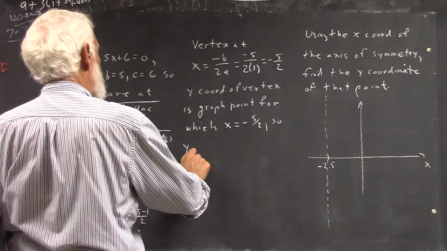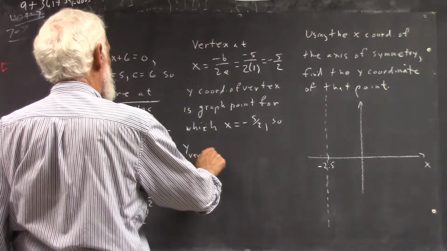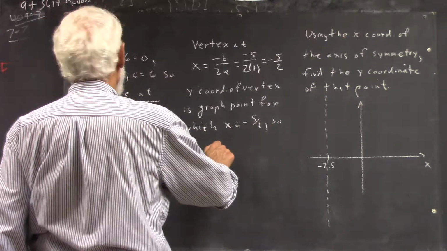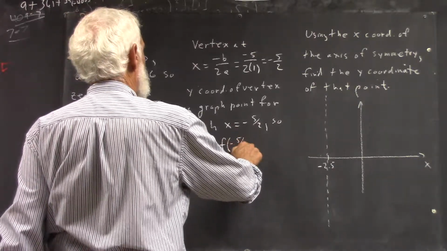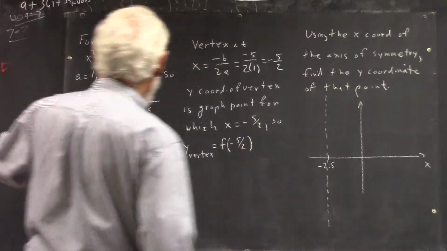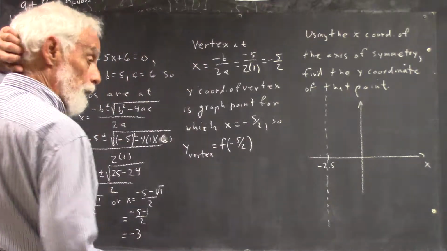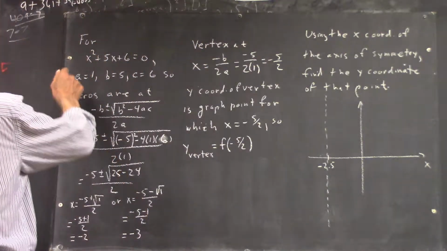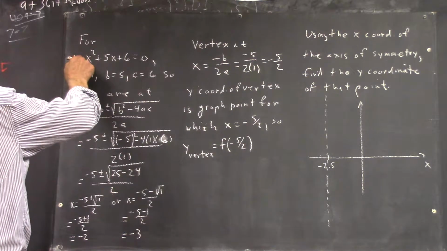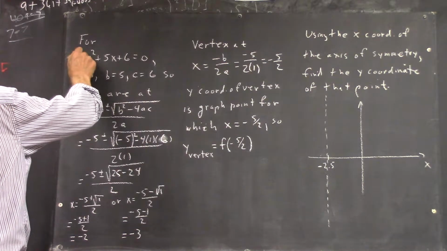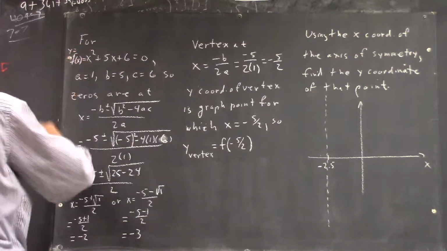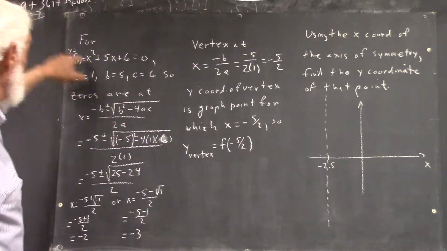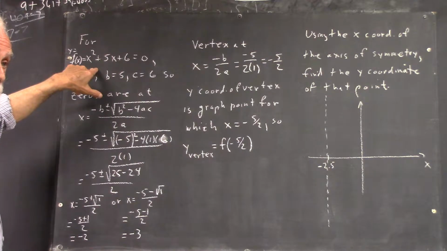So I'll say y vertex equals f of negative 5/2, where f of x, of course, was this function. And I should have said, it's actually y equals f of x equals. So you get the y coordinate, you plug in the x coordinate.